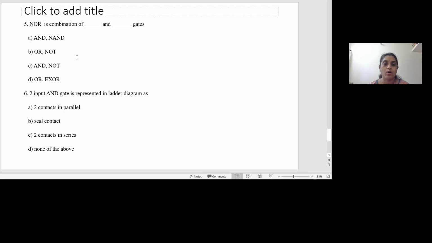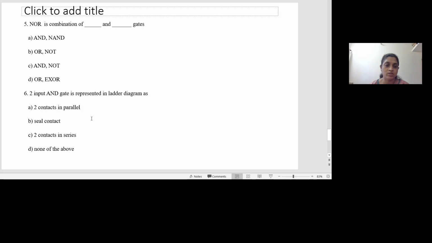NOR is a combination of OR and NOT gates. So the answer is choice B. First will be the OR gate followed by the NOT gate. This combination of two gates will give you the NOR gate.